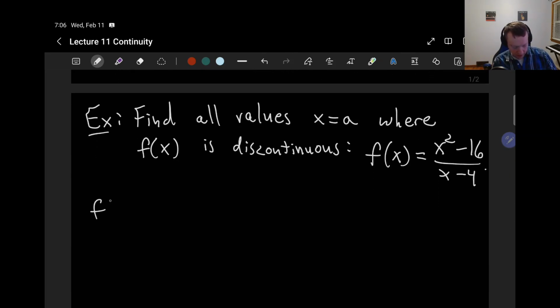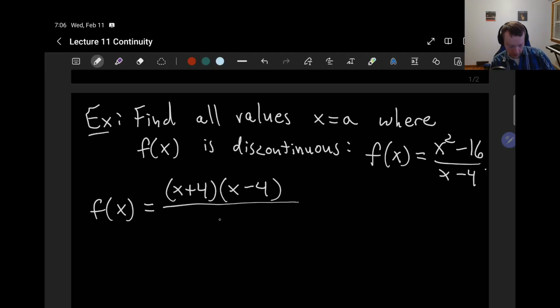It helps to break down this f of x. This is factorable. Factors like that. And that's often going to be the trick when you see a rational function like this.